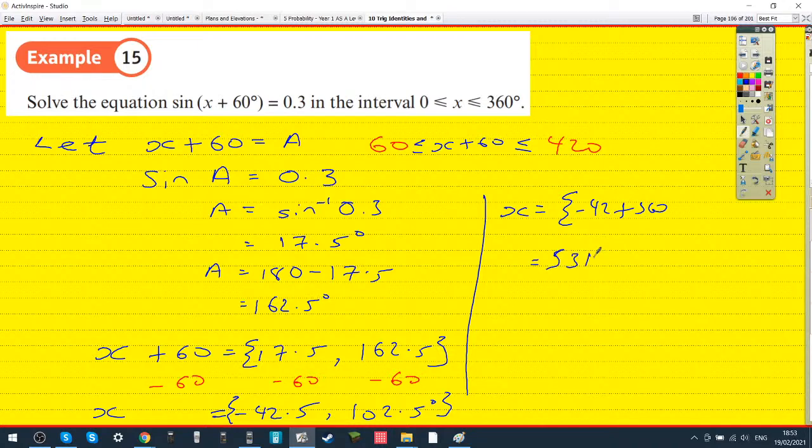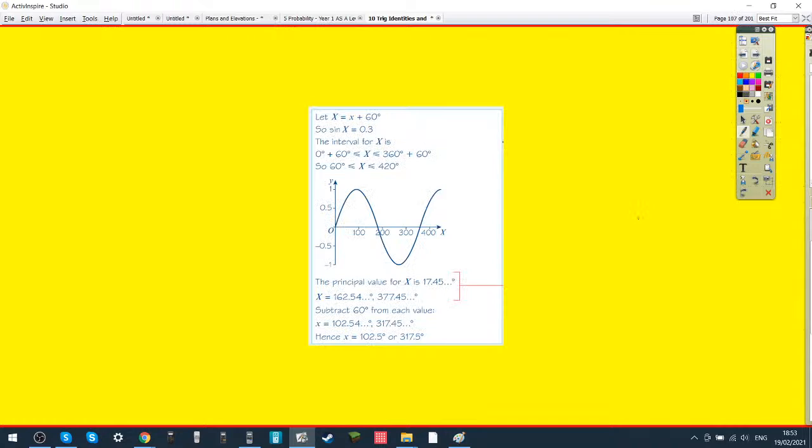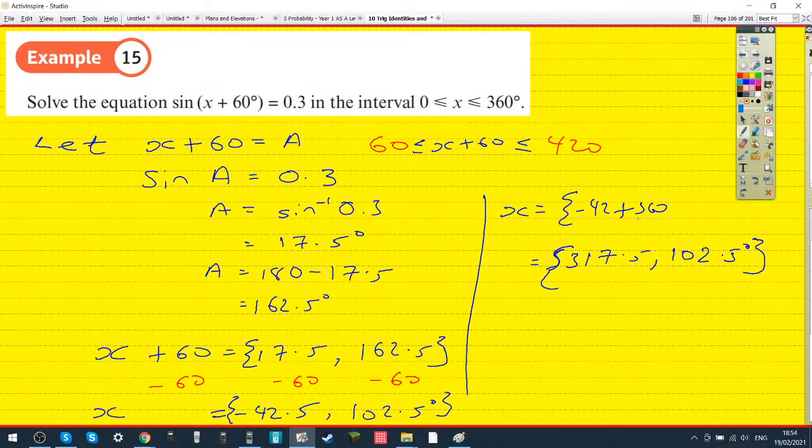And the other one is still 102.5, because that's between 60 and 420. So 102.5 and 317.5. Great. Let the thing in the bracket be equal to A, then solve.